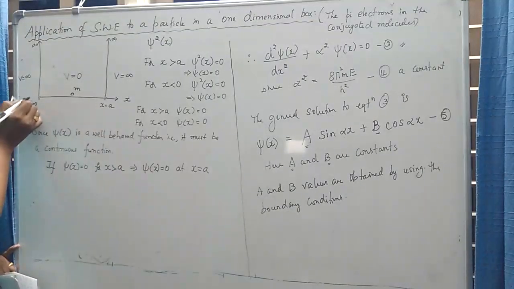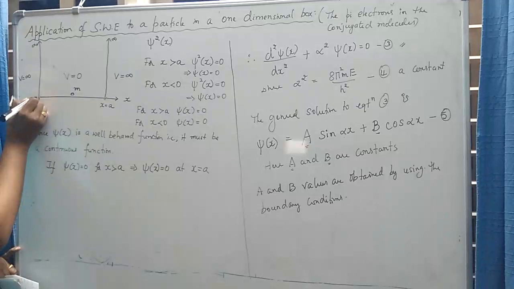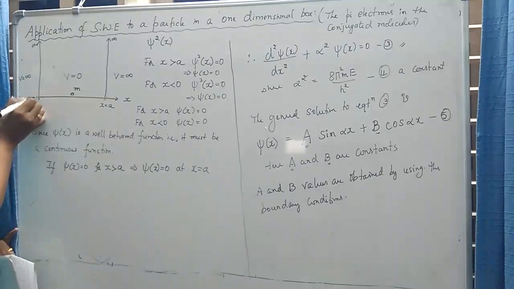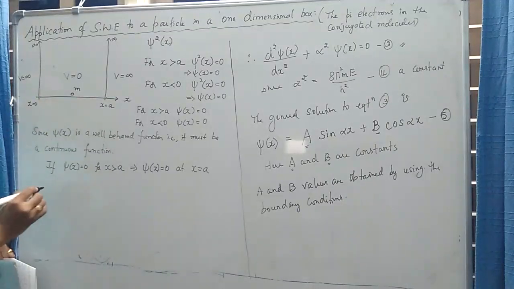Similarly, I can apply this similar argument here also. Suppose I imagine one point outside the box but very close to x is equal to 0. At this point the probability of finding the particle is 0. It means wave function psi of x is 0. But since this point is very close to x is equal to 0, because of the continuous property of the function, we are assuming that the value of the wave function is even 0 at x is equal to 0.